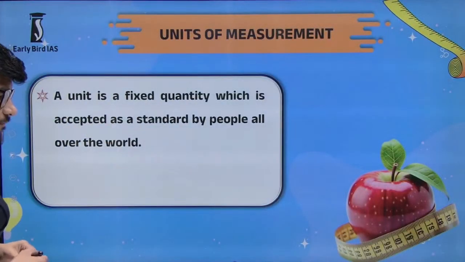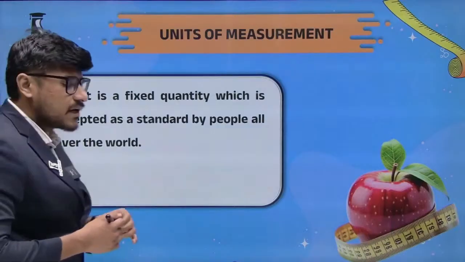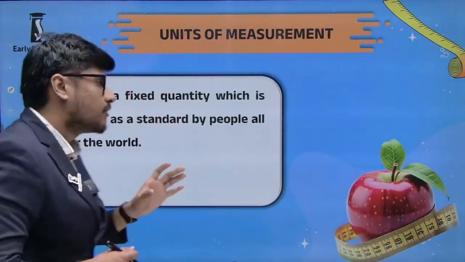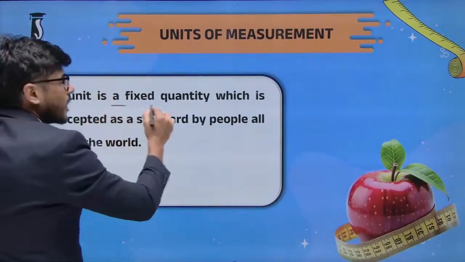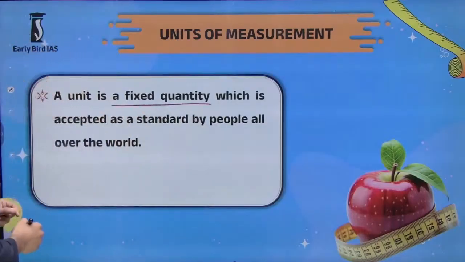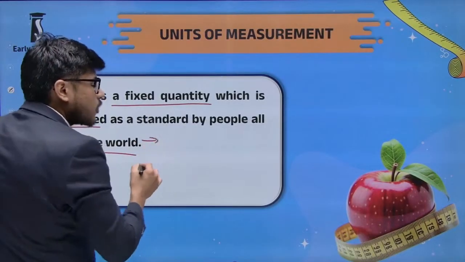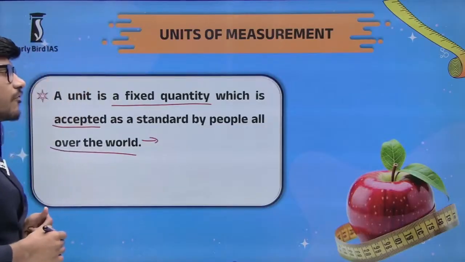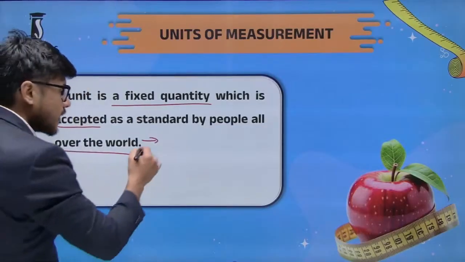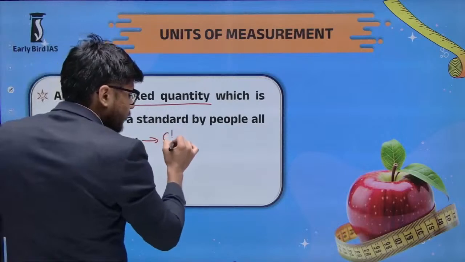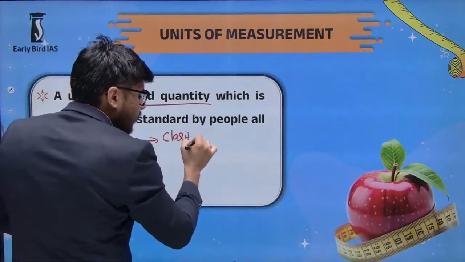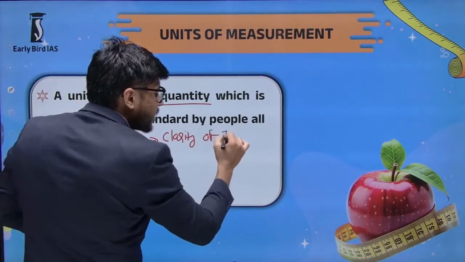So that's why we have created a fixed unit. A fixed unit means a fixed quantity which is accepted as a standard by people all over the world. So what is the benefit of these fixed standard units? Clarity. What is clarity? Clarity of judgment.